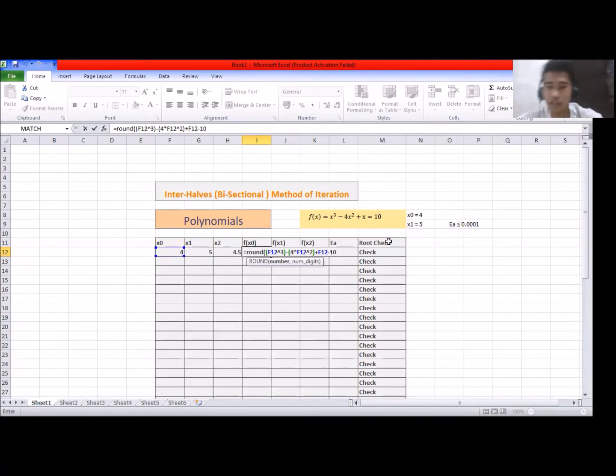Why minus 10? Because when transposing the equal sign, we need to change the sign of the number. Then the decimal places again, and that is how you get the initial functions.